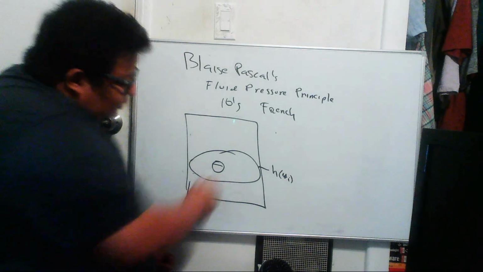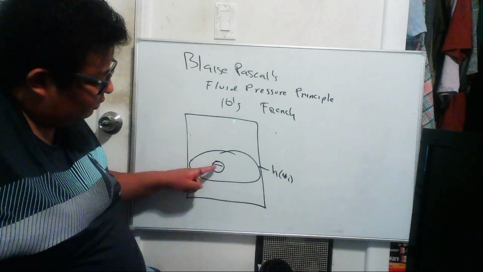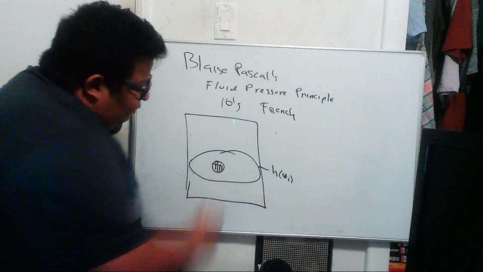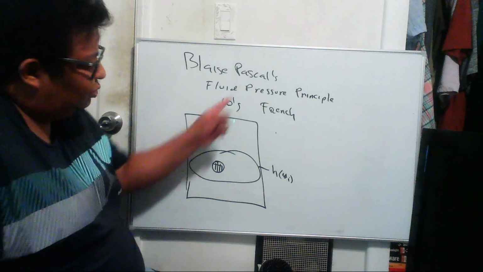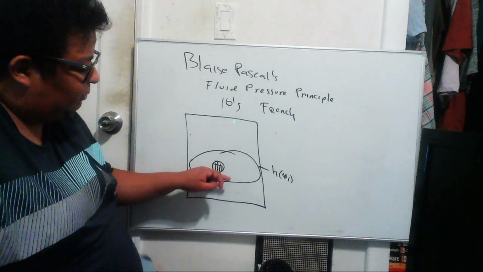Then let's say you want to find the fluid pressure on the side of this window, then you cannot use Blaise Pascal's principle, because this is a vertical region.